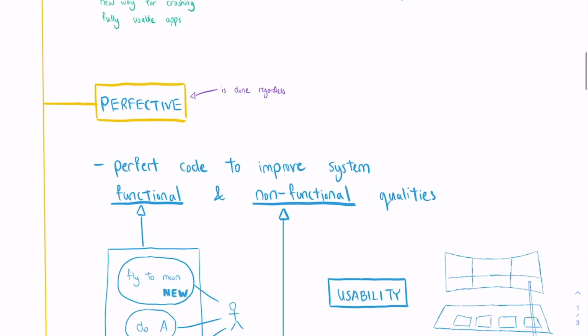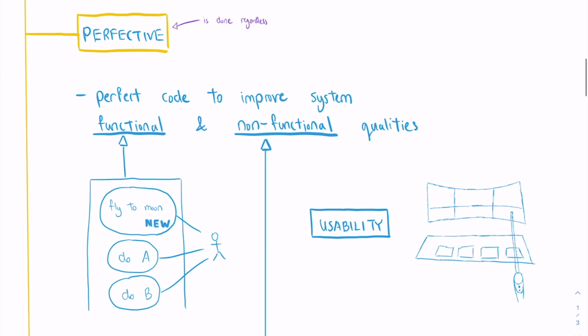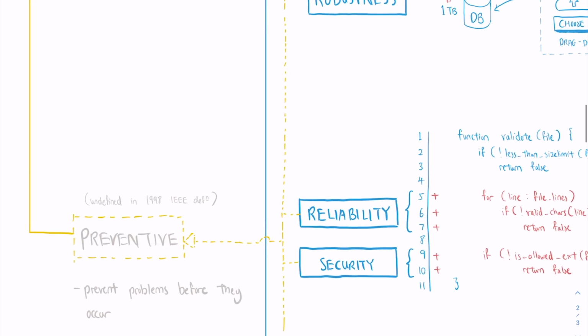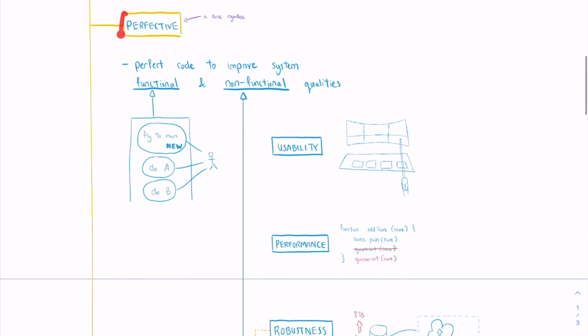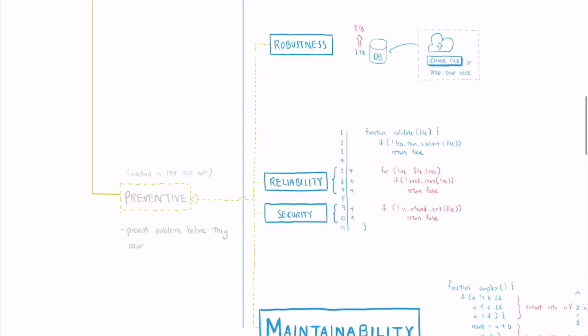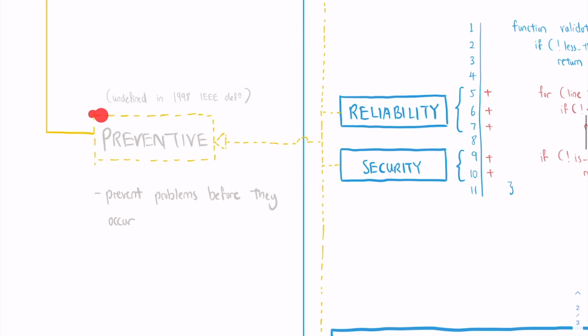All right, the third part here, actually there's a fourth part, but this preventive maintenance is sort of subsumed into perfective maintenance. IEEE used to have this, but as years go by, the recent definition doesn't really explicitly mention preventive maintenance.